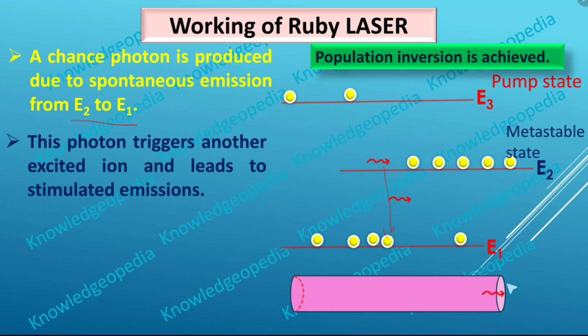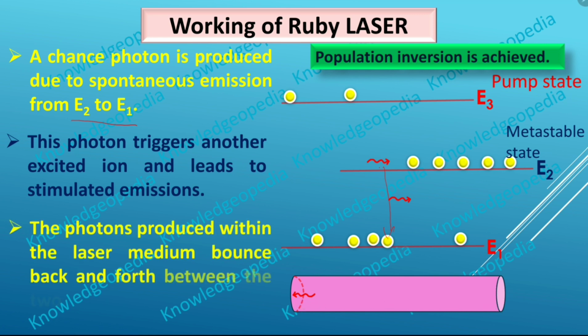When this photon is moving, it hits this face, and as I told, this face is totally reflecting, this is partially reflecting. So when this photon hits this face, it will be reflected back towards the rear face. From here again it will get reflected and it will move towards the front face.